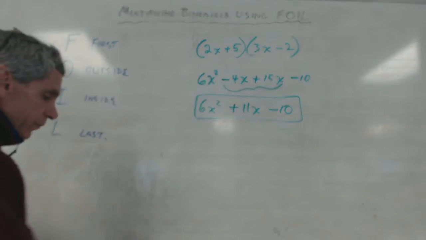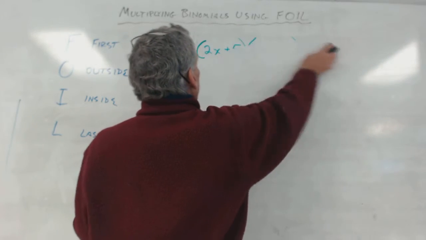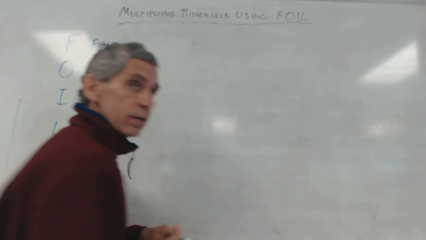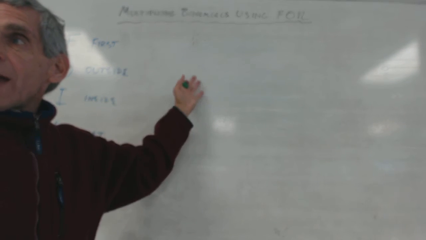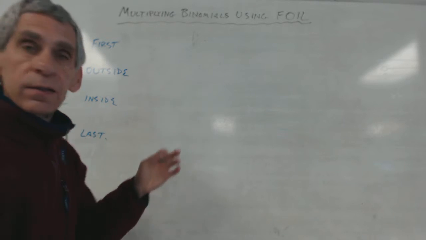Now, can I erase this? Yeah. I'll just show you one other, which is slightly harder. But this is now how I create these problems you've been doing for the last week. Watch.